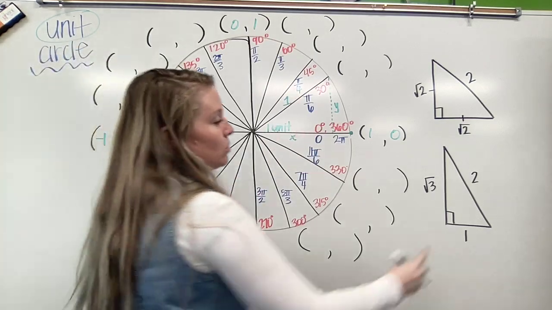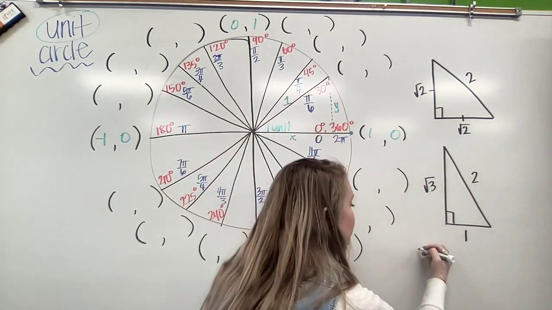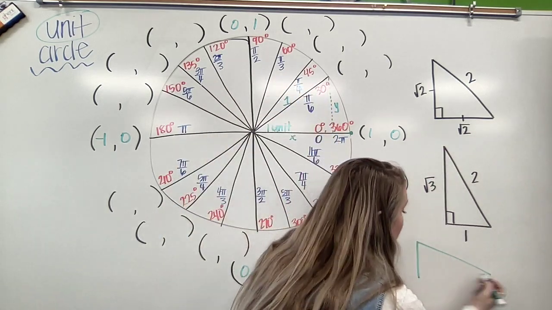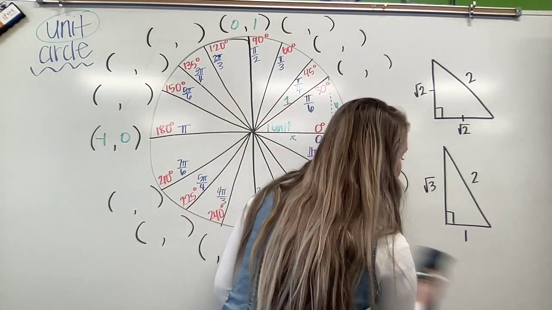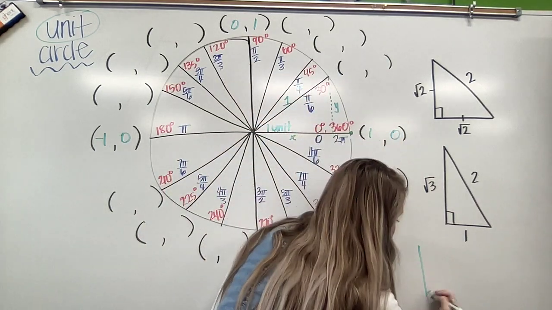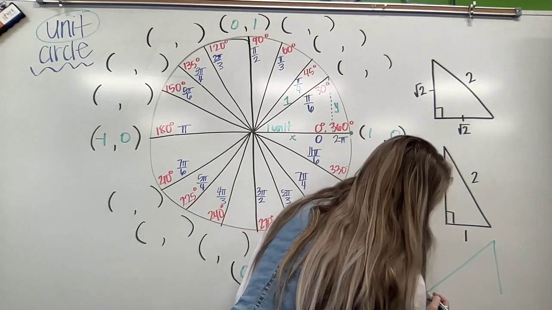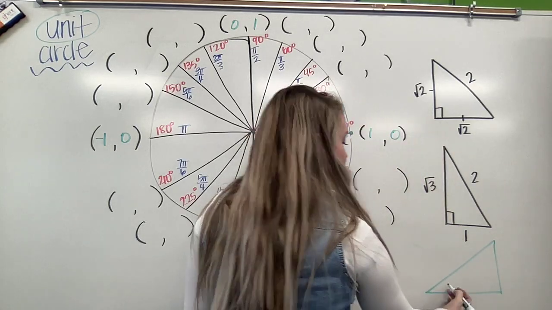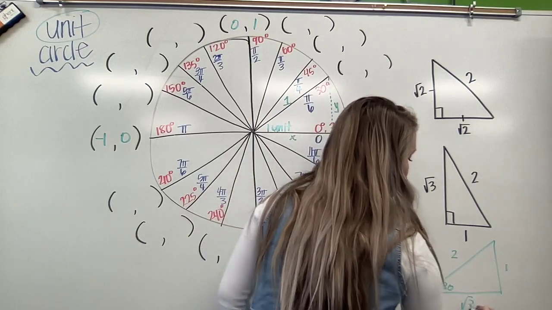So we're going to use this special right triangle. I'll go ahead and flip it on its side so we're looking at it as a 30-degree angle. Oh, I did it again. It's going to look like this. So if this is 30, the sides were 1, 2, and √3.